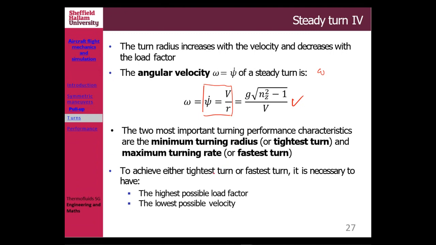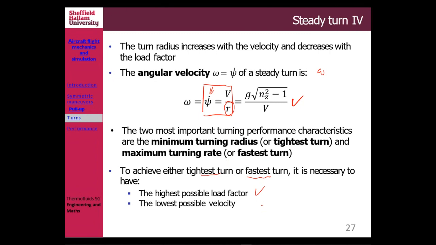So to achieve either the tightest turn or the fastest turn, so the fastest psi dot or the smallest r, if you are a fighter pilot, that's what you actually want to do. You could do that by increasing your load factor.